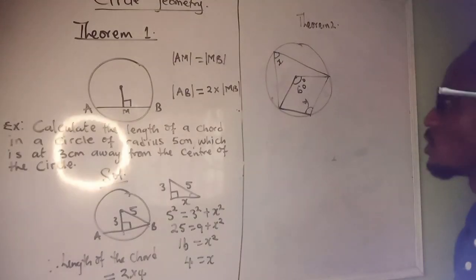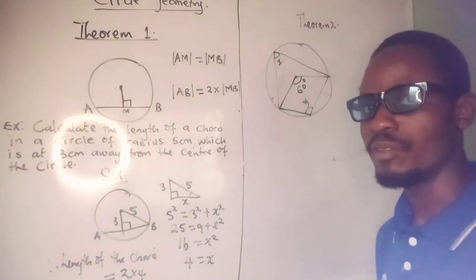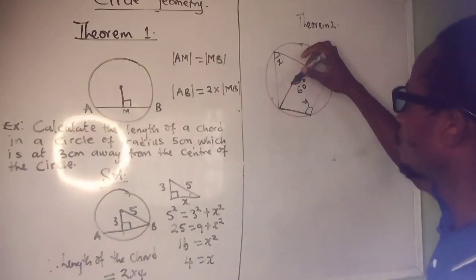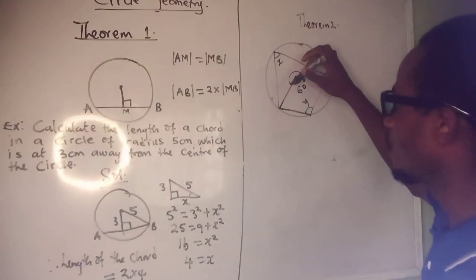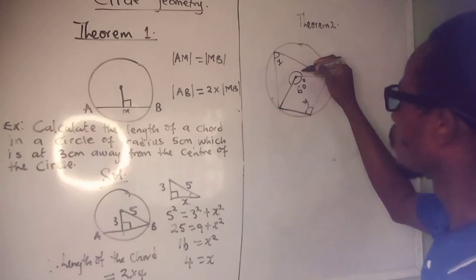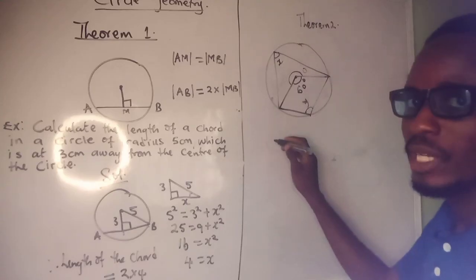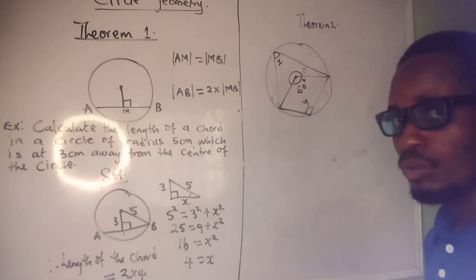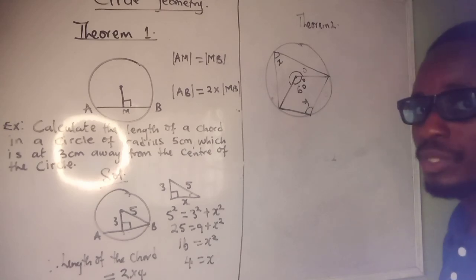So now when you're solving circle theorem questions, you need to state the reason for whatever you do. Take for instance, now I know that the remaining angle here should be 300 degrees. Because at this angle O, you understand the sum of angles at a point or sum of angles in a circle should give us 360 degrees.